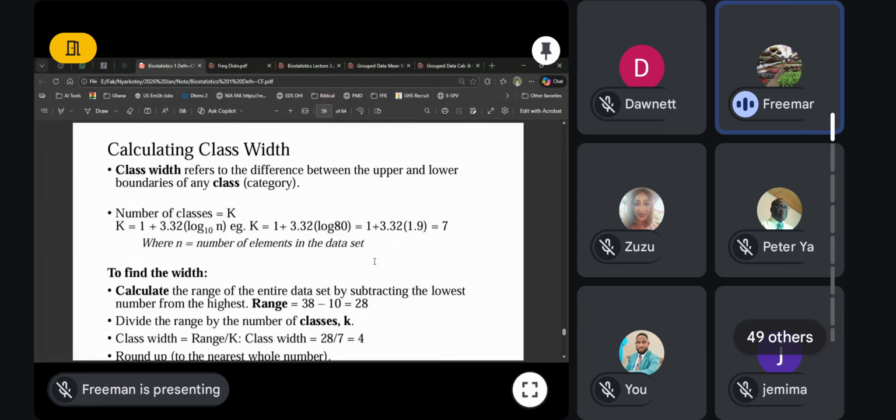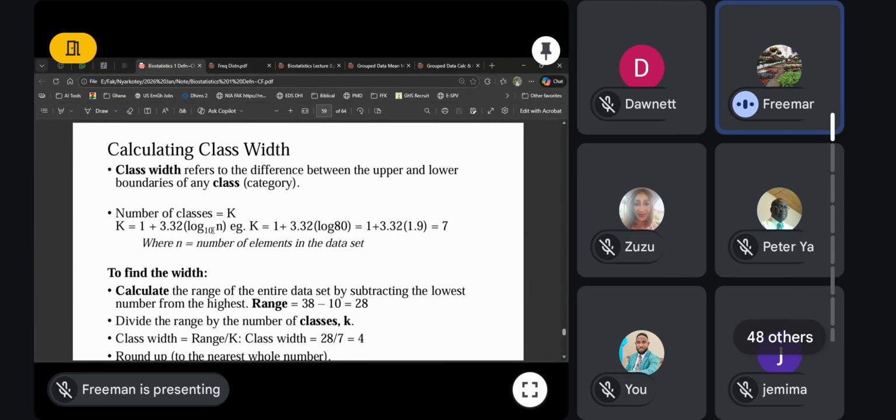I'm not going to ask you how to do this calculation, but you need to know. So to get your K, the number of classes, is 1 plus 3.32 log n base 10. Logarithm of n to base 10.